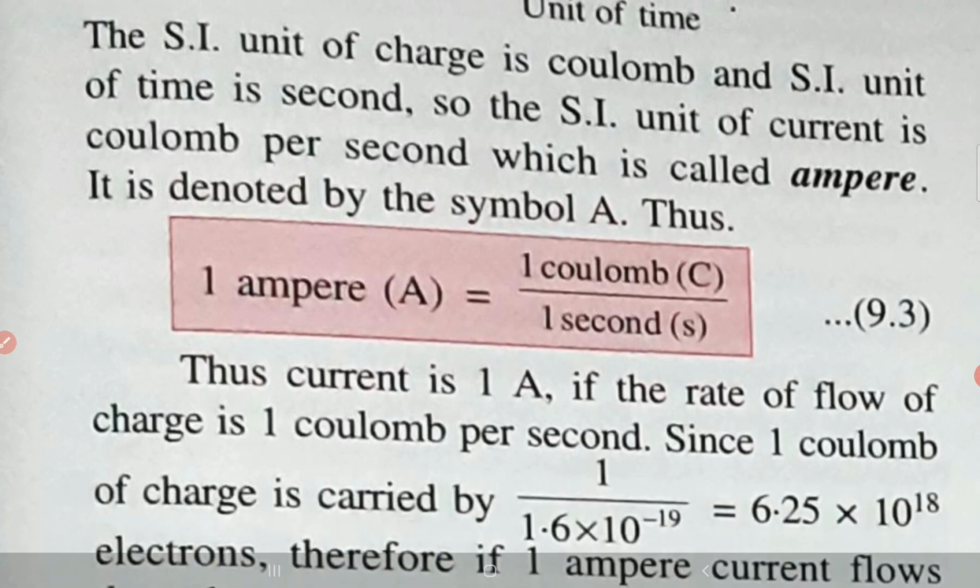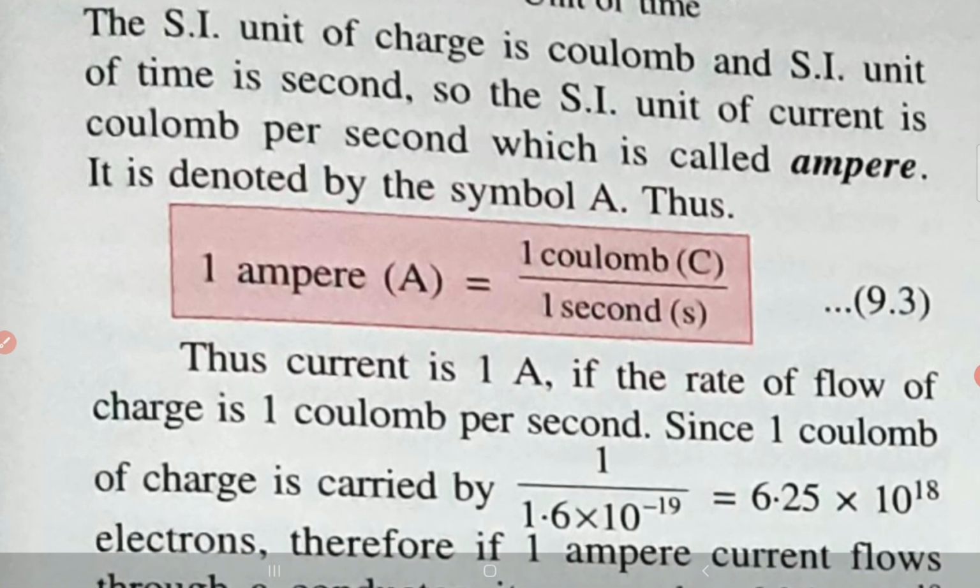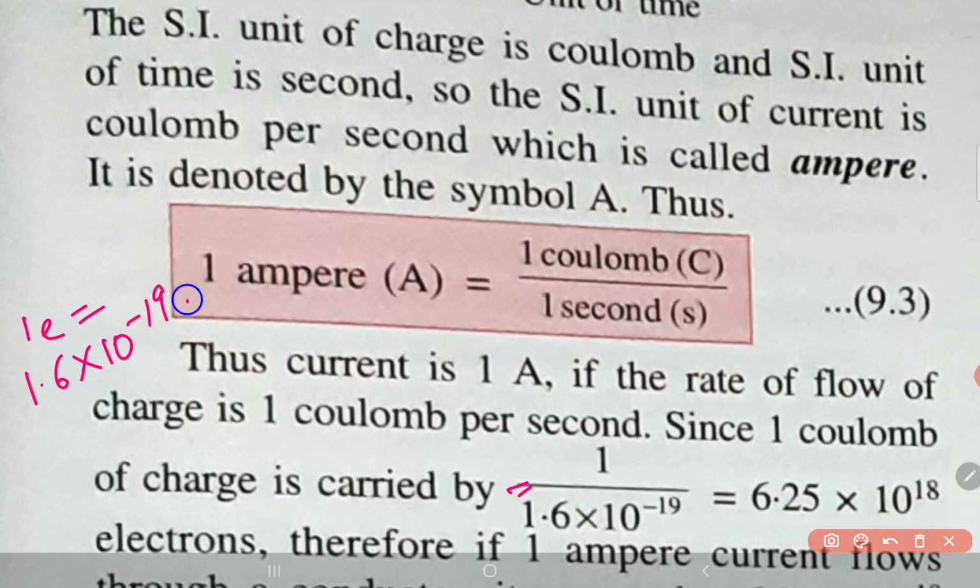Since 1 coulomb of charge is carried by 1 upon 1.6 × 10 to the power minus 19 electrons. Remember, this relationship actually comes from the charge of 1 electron, which is 1.6 into 10 to the power minus 19 coulomb, if you remember. So 1 coulomb should be equal to this many electrons, that is 1 upon 1.6 into 10 to the power minus 19.